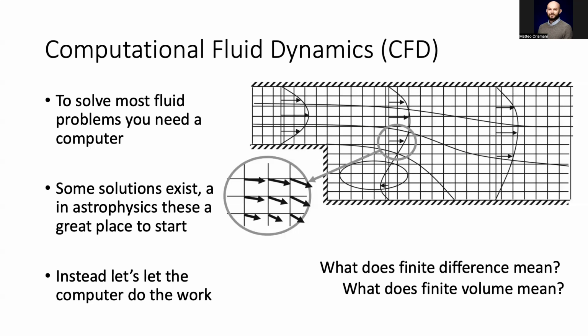But in practice, we as human beings cannot take infinite derivatives, right? We can't get infinite precision. And especially can't do that on a computer. So instead, we do something called the finite difference. How do we write the finite difference?